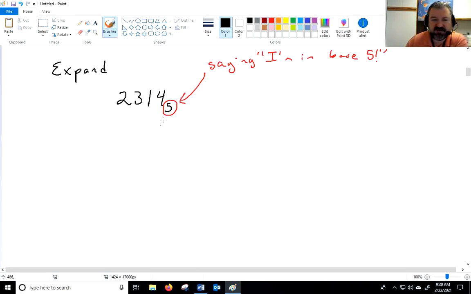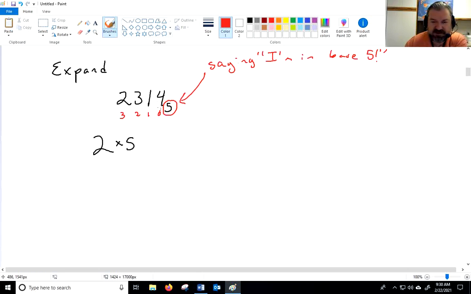But for now, just understand that this principle is exactly the same. 2314 base 5 is 2 times 5 to what power? Well, remember this is the 5 to the power of 0. This is the ones digit no matter what. And this is actually the 5's digit. This is 5 to the first, and this is the 25's digit, and this is the 125's digit.